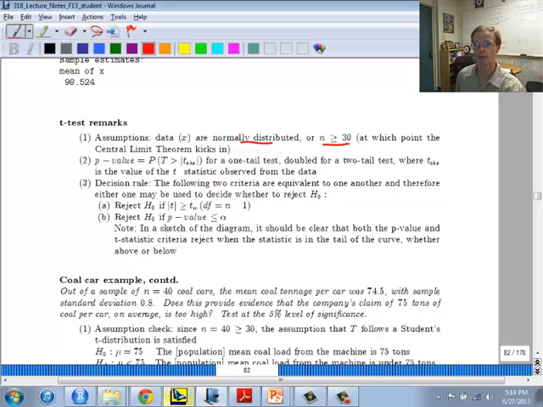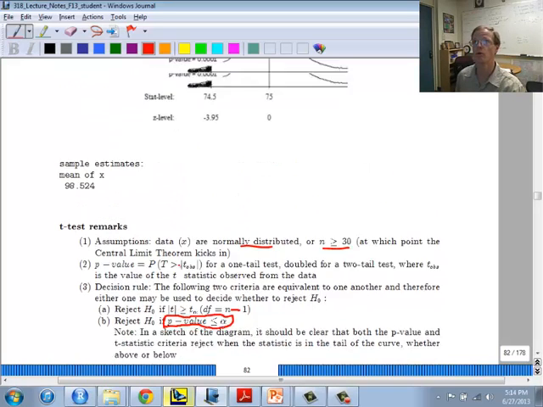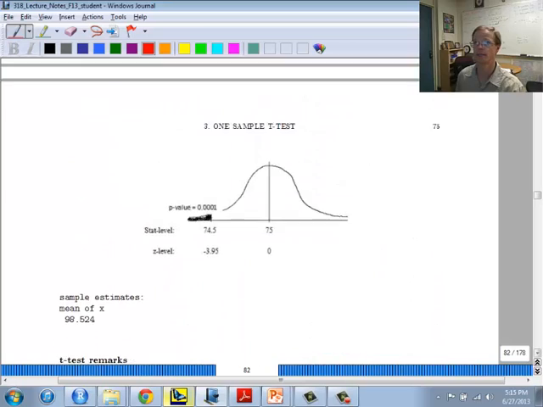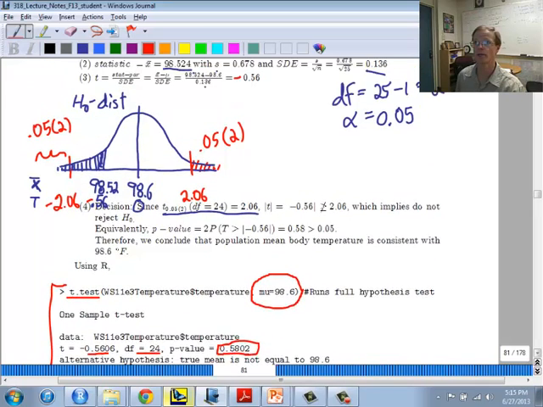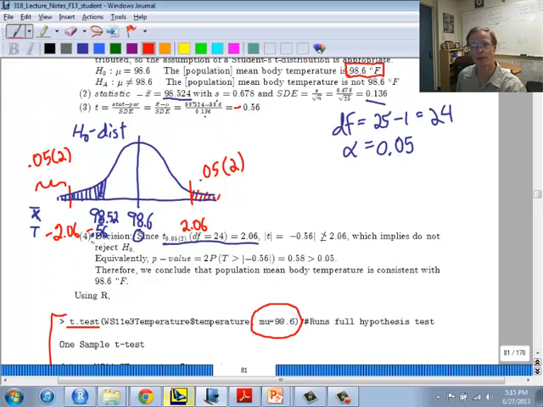Okay, now for the decision rule, this is always the decision rule. If we're below alpha on the p-value, we reject. If not, you accept the null. But using the t-statistic alone, if you take the absolute value, then we simply check if it's greater. What does that mean? Well, take a look. In our case, we're using this 2.06.